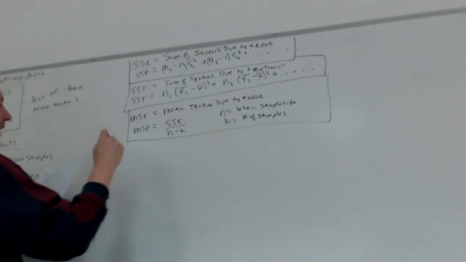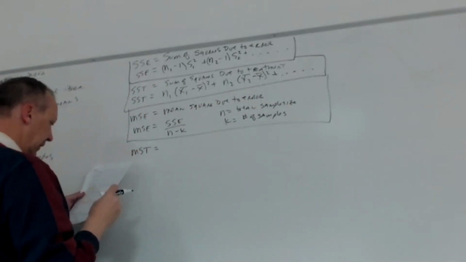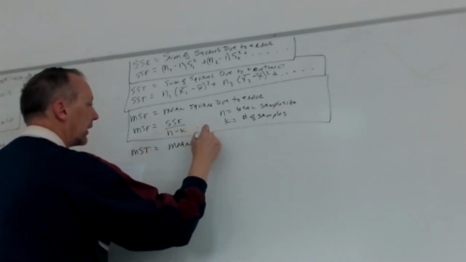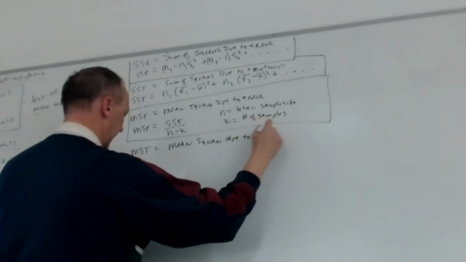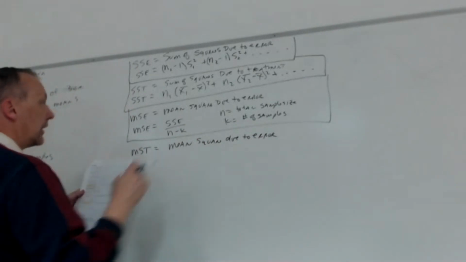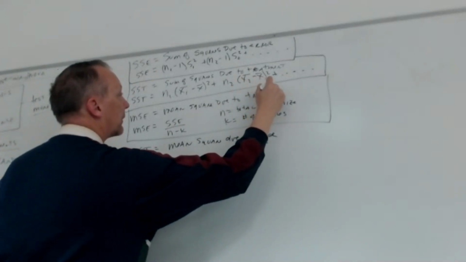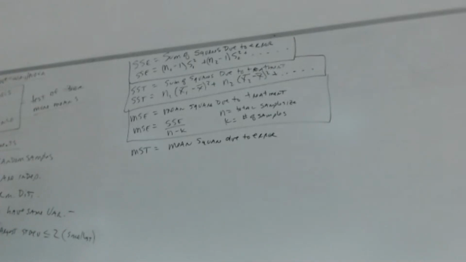Then we have the MST, which equals the mean square due to treatment. Oh, sorry, I said MSE is for treatment and MST is for error, but it's the opposite.